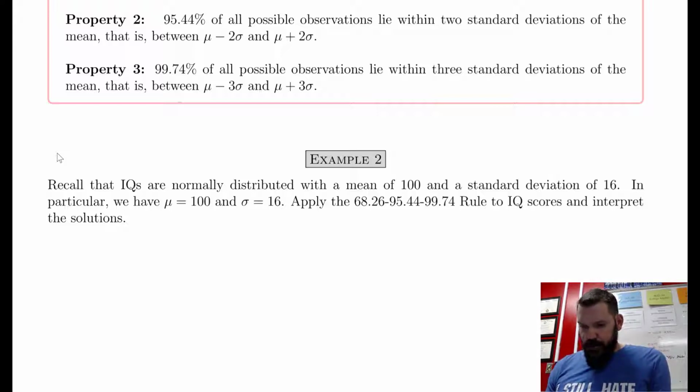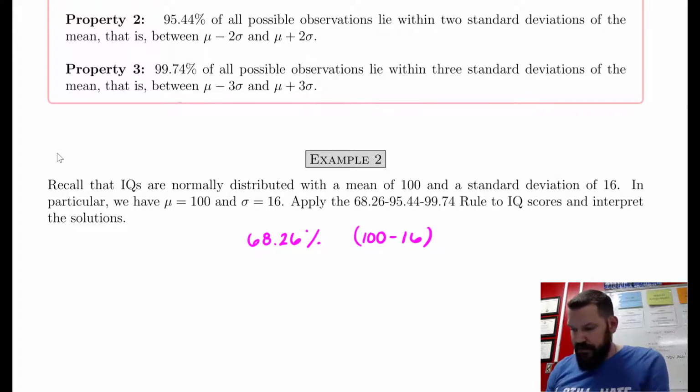So for the 68.26%, that is the data that lies to the left or right within 1 standard deviation of the mean. The mean is 100. So how do I want to write this out so that it makes sense? The left is 100 minus 16. That's 1 standard deviation to the left.